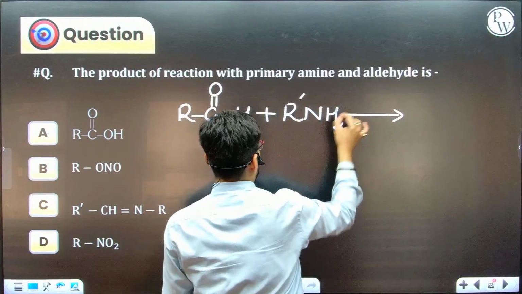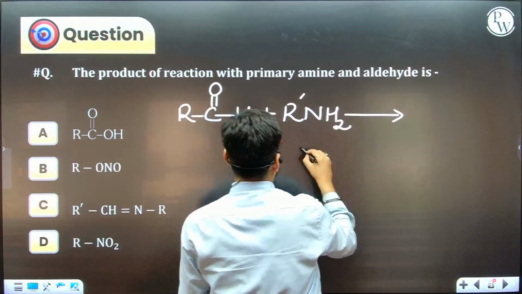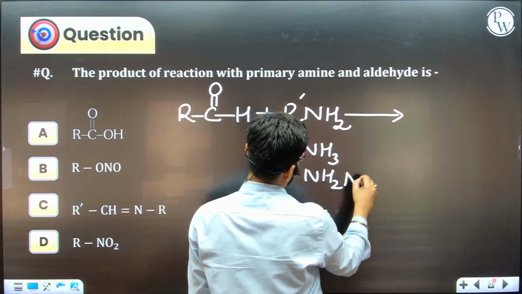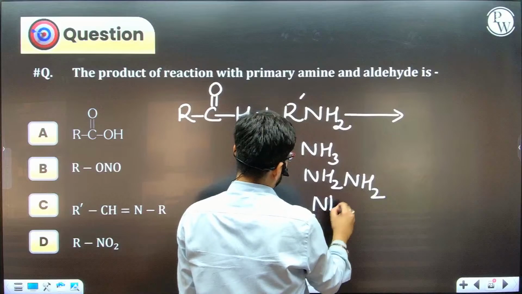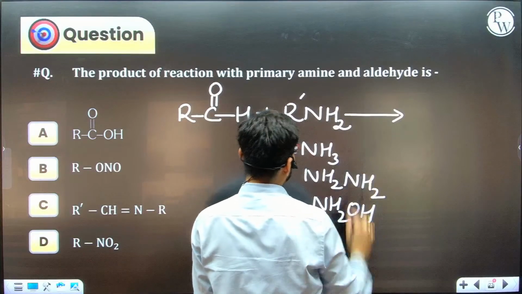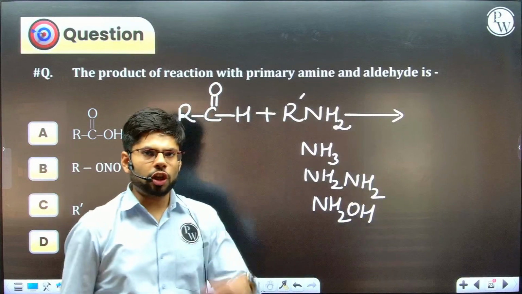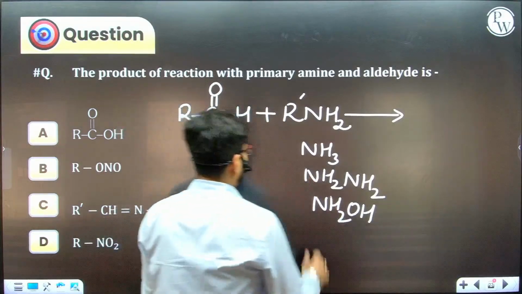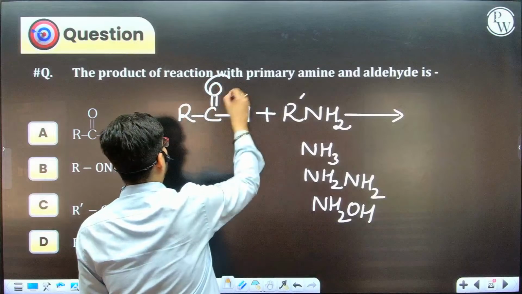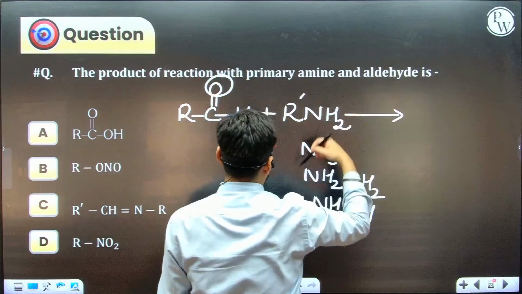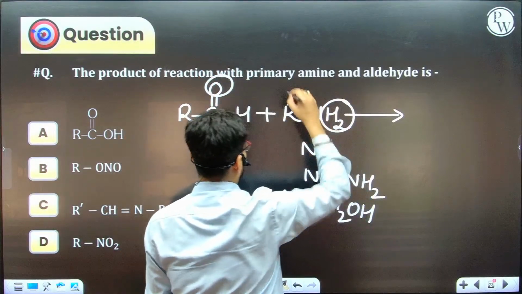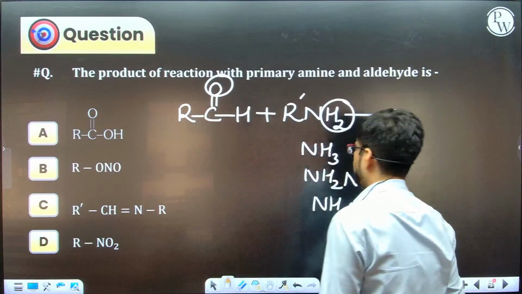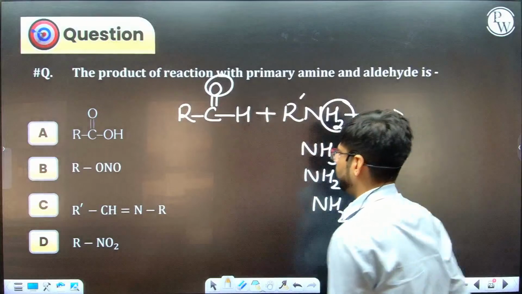Remember, if I have a primary amine or NH3 or hydrazine or NH2OH, any of these, then the shortcut to form the final product is same everywhere. Now, what is the shortcut? Remove oxygen from the aldehyde or ketone and remove H2 from any of these. I mean H2 attached to the nitrogen atom. And then just join these two with the help of a double bond.